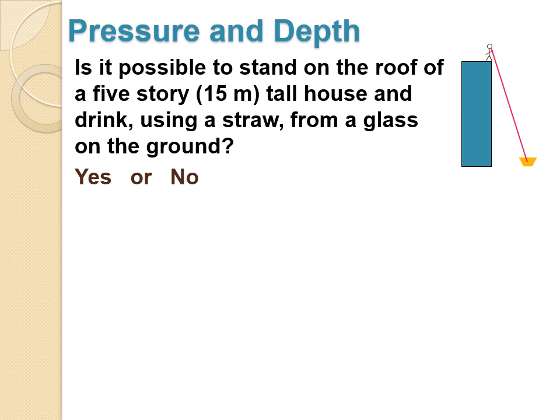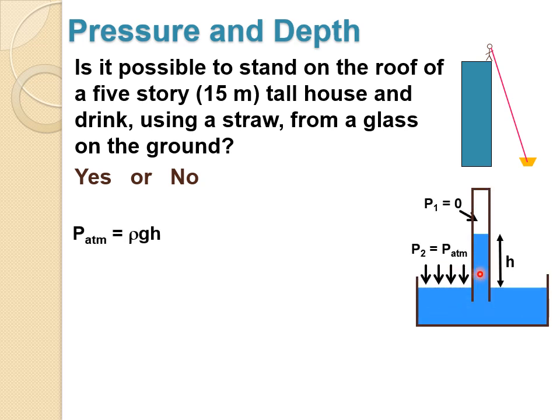What you're doing is effectively creating a barometer, where you're reducing the air above the liquid, creating a vacuum. Then the outside atmosphere is what pushes the liquid up. You're just removing the air when you pull in with your lungs, and the atmospheric pressure pushes the liquid up.